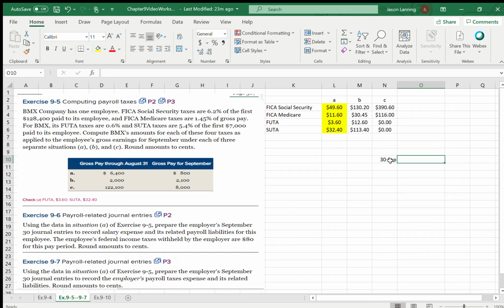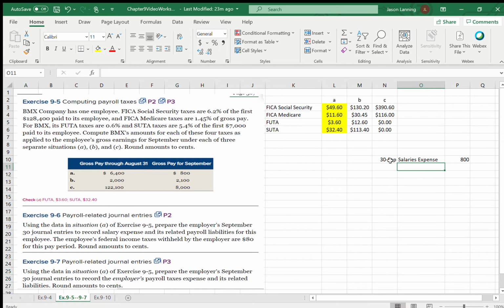Now we need to look at these related journal entries for the employer. So basically for employee A, we have their gross pay for September is $800. That's going to be what we would consider the salaries expense here. Okay, so that'll be 800.